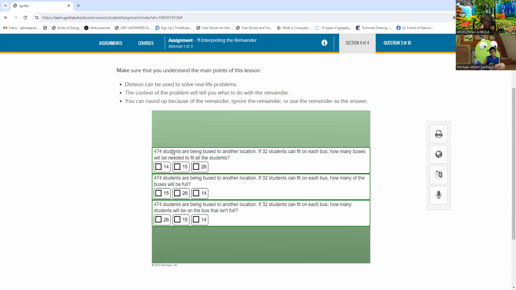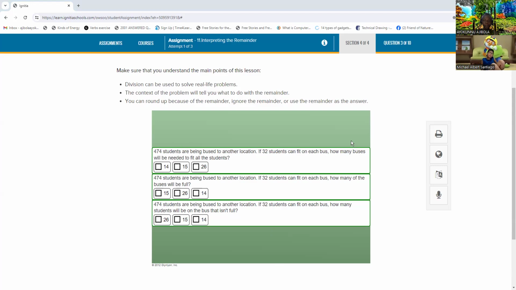Let's check it out. If we divide 474 by 32, we're going to have some whole number, which is 14. But that doesn't mean we need 14 because there will be some left over. Okay?